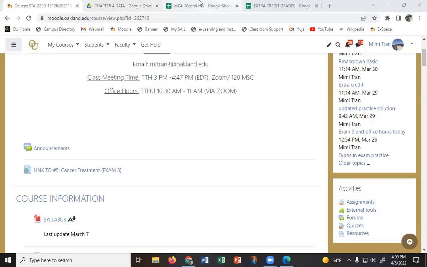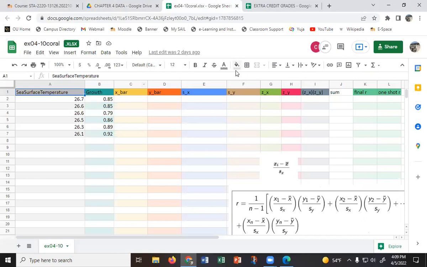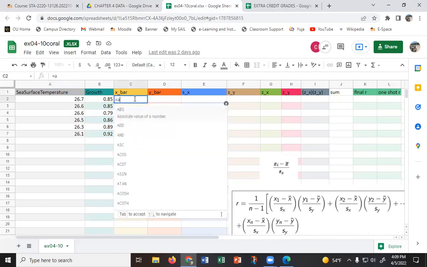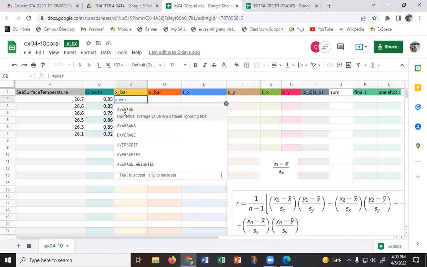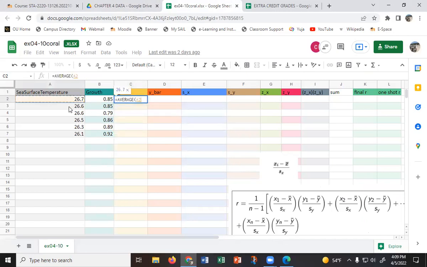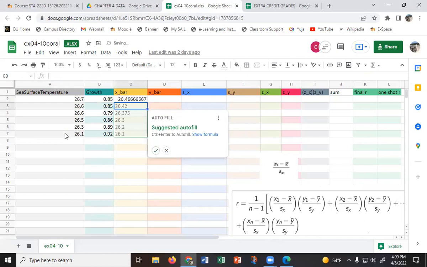Everybody can see what I'm doing. If you click on the data set, it should get you here. I hope everybody's here. So x bar, that's your sample mean of x, so equal average. We did this many times. Then you highlight the x column, which is sea surface temperature. Roughly the average temperature is 26.46.